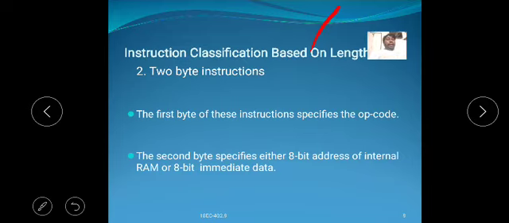The first byte of these instructions specifies the opcode. The second byte specifies either the 8-bit address of the internal RAM or 8-bit immediate data.